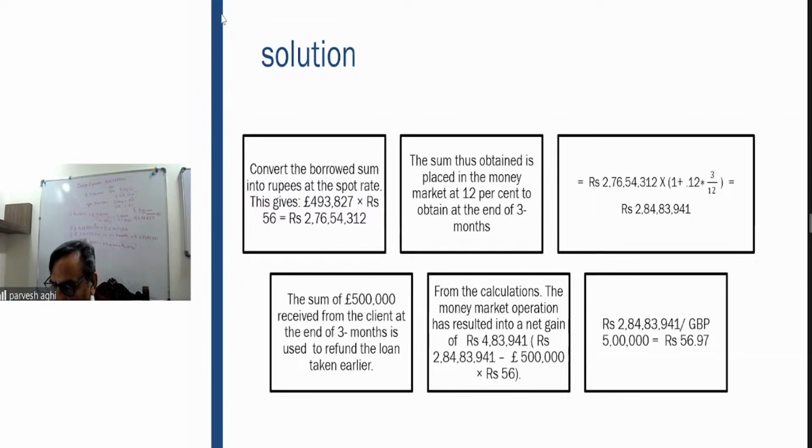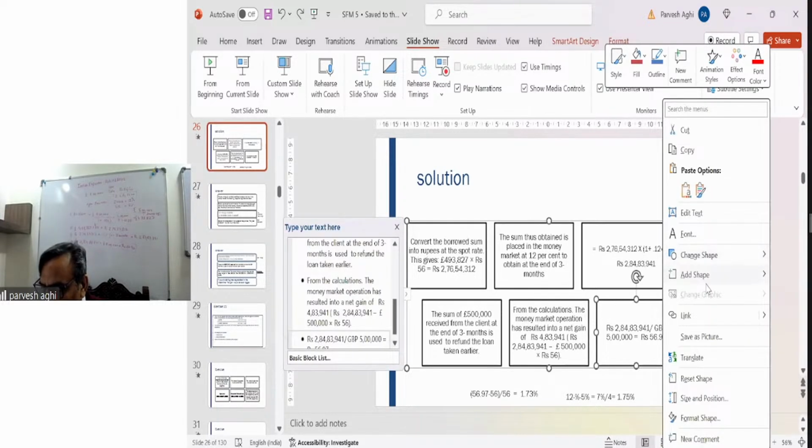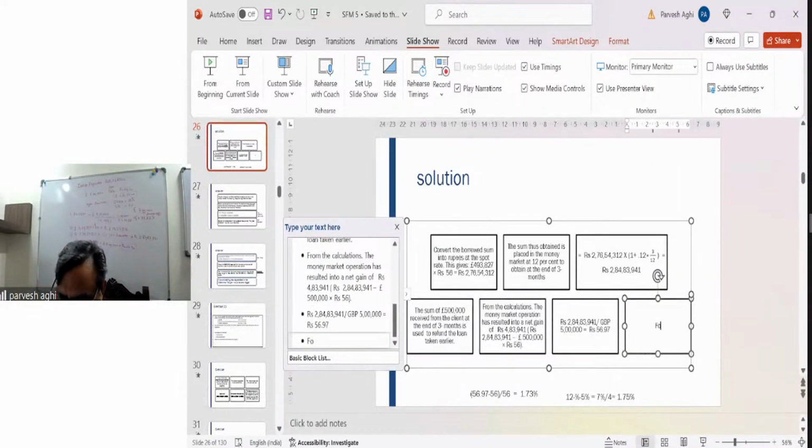So let me just show you here. You are getting a rate of 56.97, isn't it? Now, suppose the forward rate was given to you, and it was rupees 56.75 per pound, sorry, per GBP.